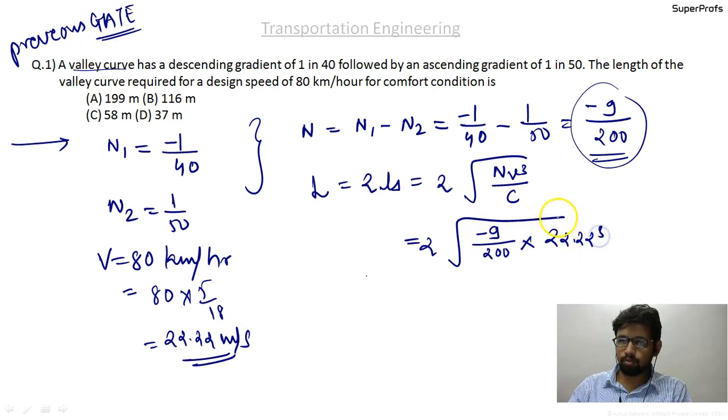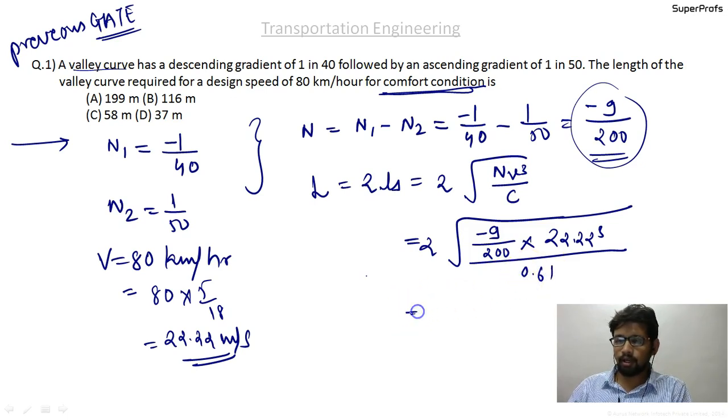So 22.22 cube upon C. The C value for the comfort condition is fixed in the case of valley curves, so it is 0.61, and you please solve and whatever comes is the answer to this question. Note that the N value when you are putting it should be positive.